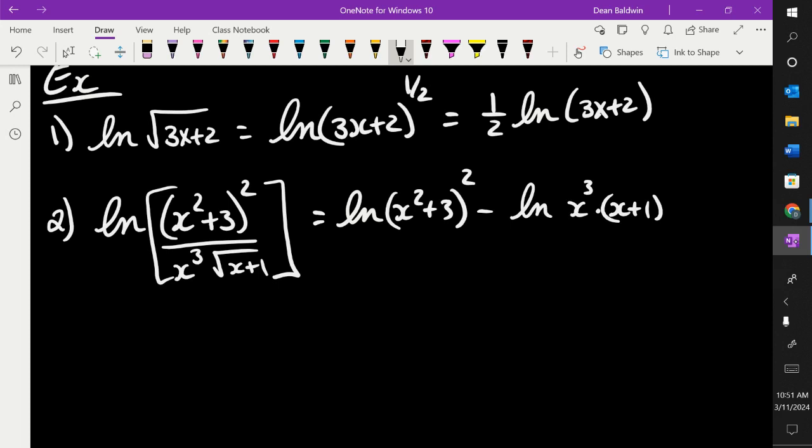And I'm going to rewrite the square root as a power of half. So we were dividing these, so I just broke them up into subtraction. This one, the 2 can come down. So I get 2 natural log of x squared plus 3 minus, now these are being multiplied.